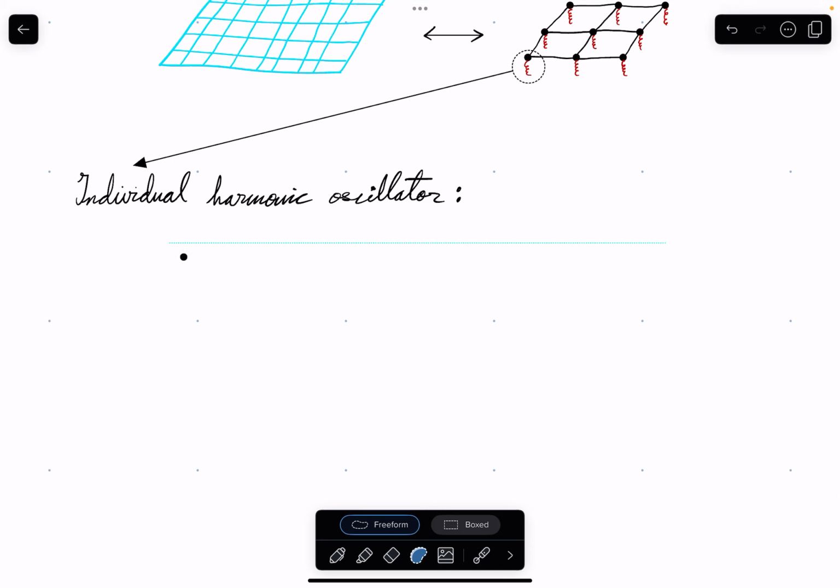Let's say something starts below equilibrium. Then it can go up to equilibrium, over equilibrium, back down to equilibrium, down again, back up to equilibrium.